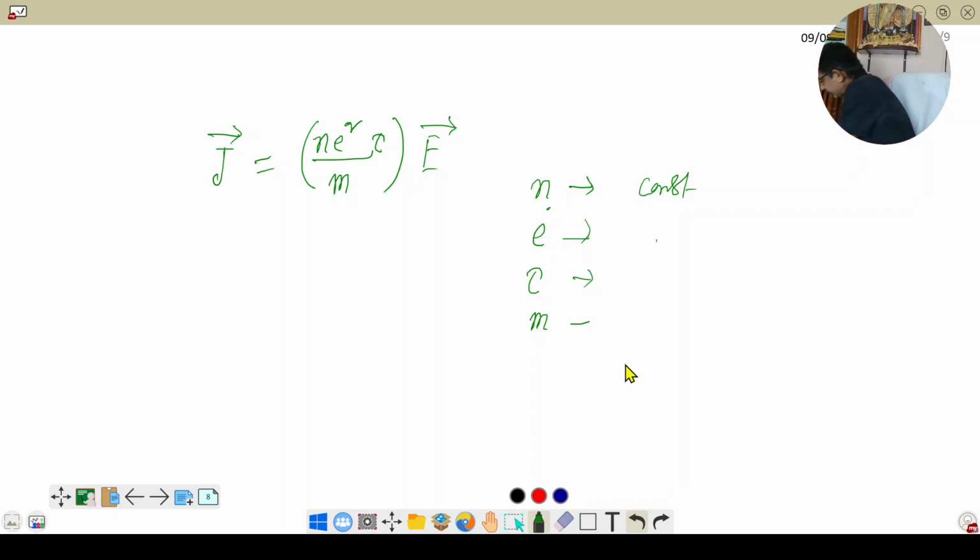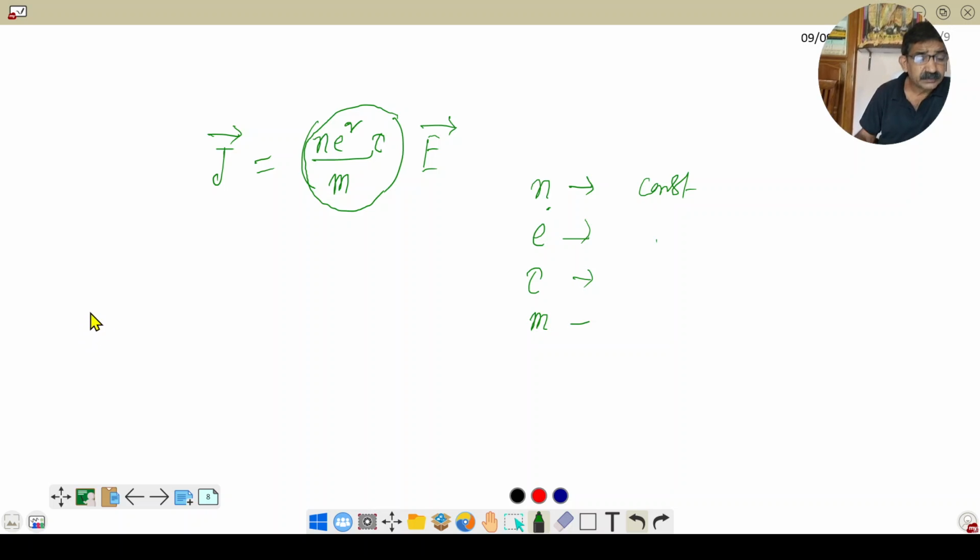So all the constants can be reduced in another form, sigma.